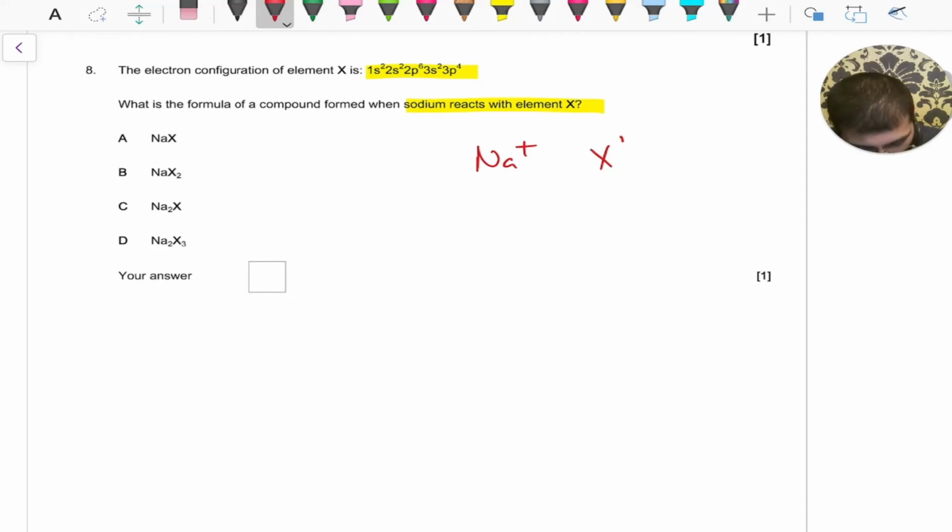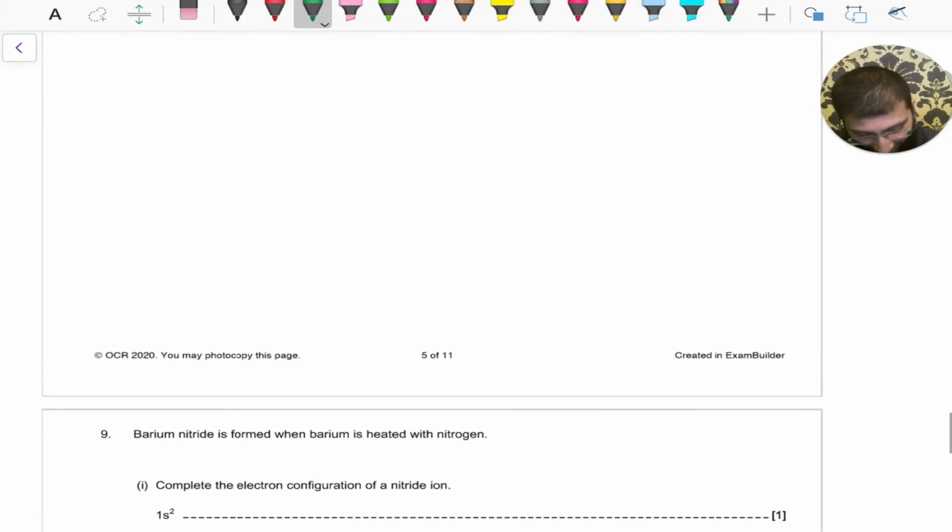So we've got X2-. So our formula will simply be Na2X, and Na2X is again C. Okay, so we've got a mark there. Really straightforward. I'm saying that too often.